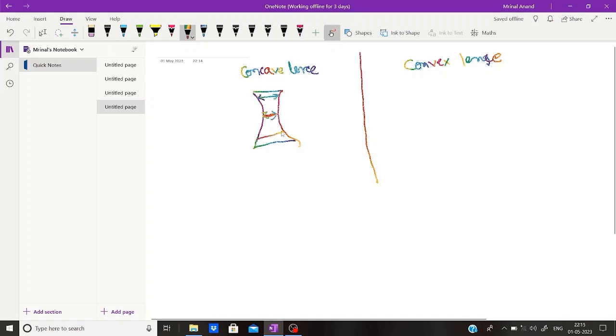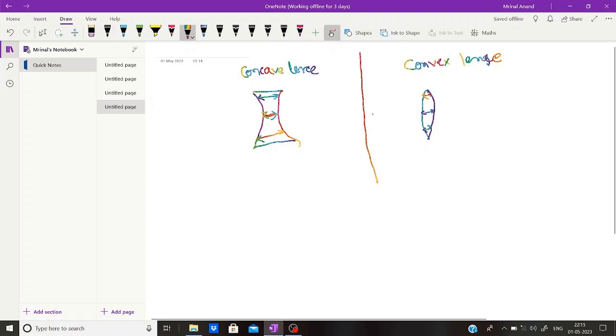You can see the edge is broader here in the case of the concave lens. While the convex lens is thicker at the medium and thinner at the edges.